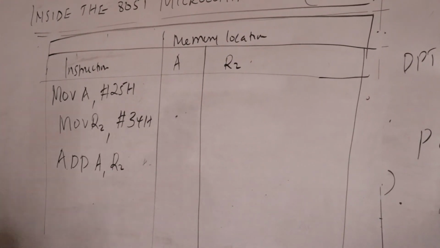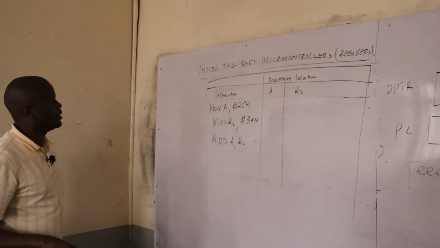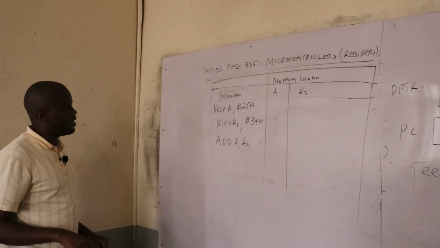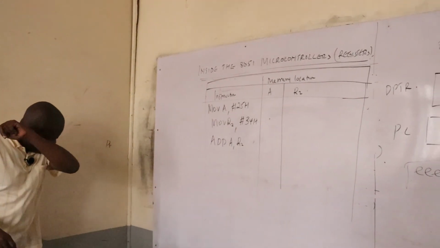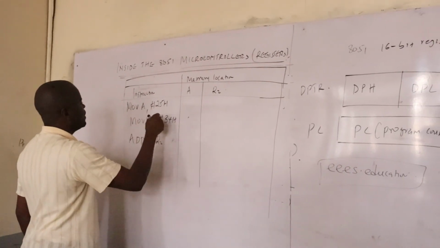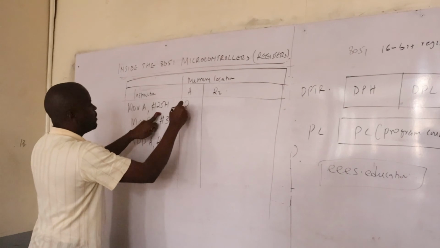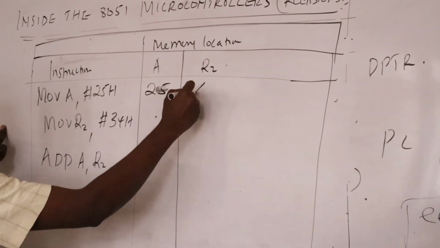For the first instruction, you are moving 25H into A. So A will be having 25H, and R2 is not affected.